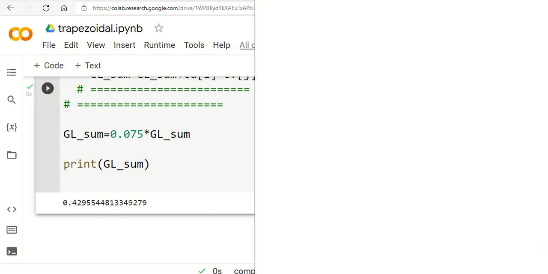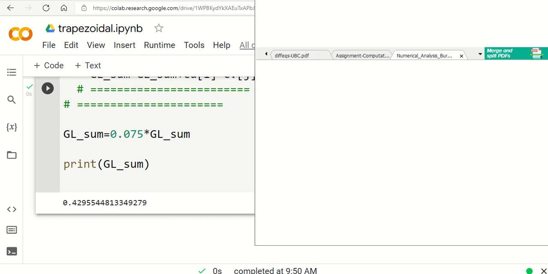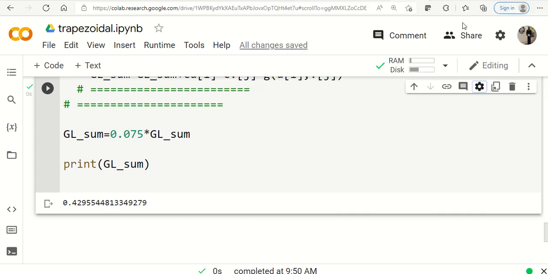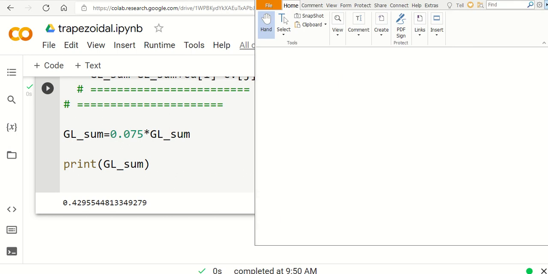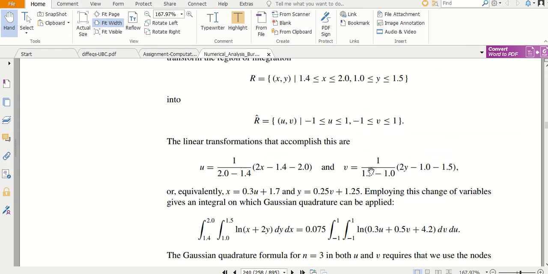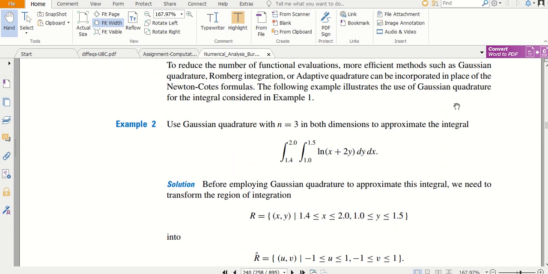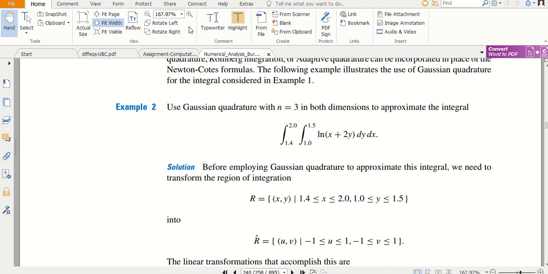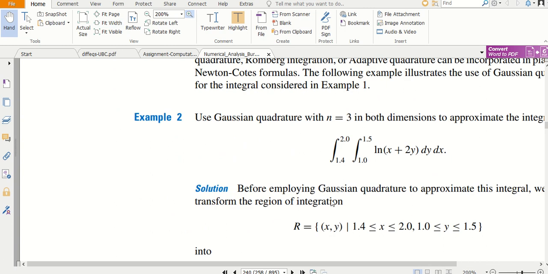if my computer allows me to open. Okay, so this was the problem.